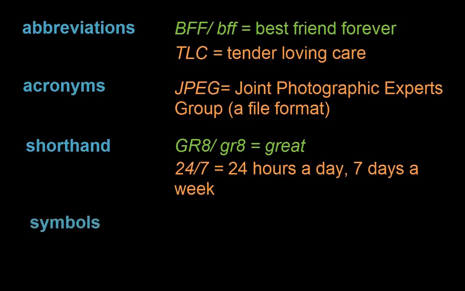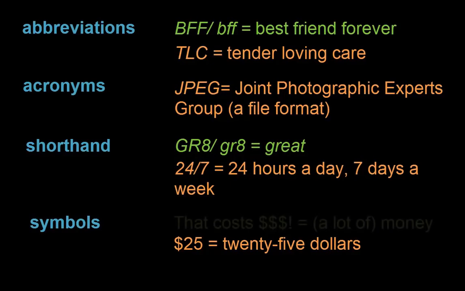Some symbols have both standard and informal uses. For example, the $ sign. In standard writing, we use it before numbers to indicate the amount of dollars. However, all by itself, the $ sign has an informal meaning and refers in general to money.